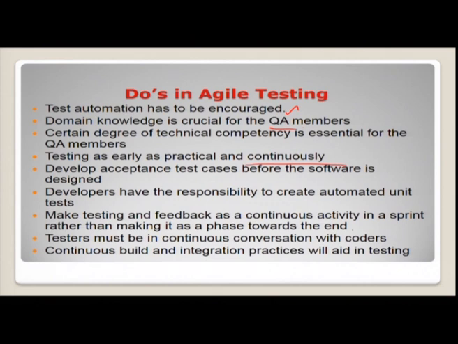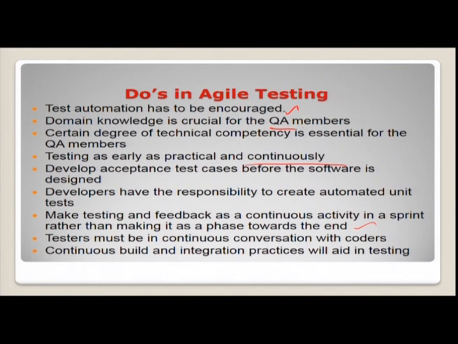My dear viewers, this is an important point as far as agile software development is concerned. In traditional software development, with an approach like the waterfall model, the linear sequential model, you have different phases: the analysis phase, design phase, coding phase, testing phase, and then comes maintenance.